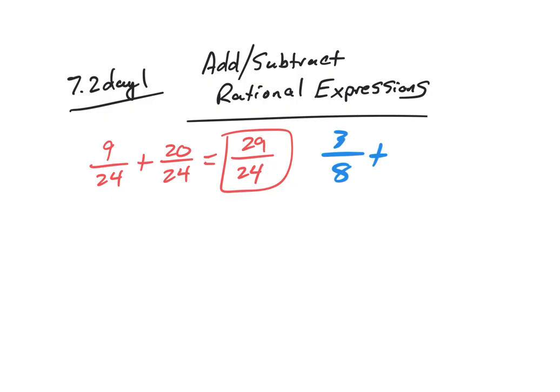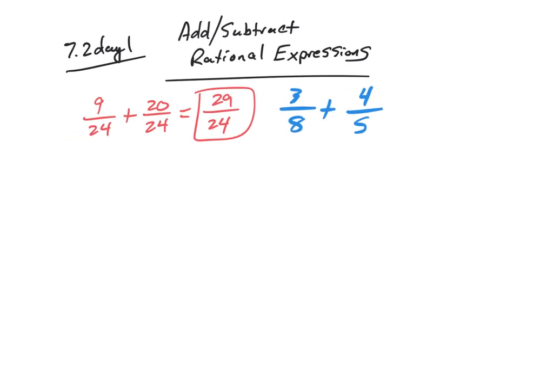Let's go 3/8 plus 4/5. I can't just add these together, right? What I have to do is I have to make the denominators the same. So I have to find something that both 8 and 5 will go into. So what would be something that both 8 and 5 could go into?